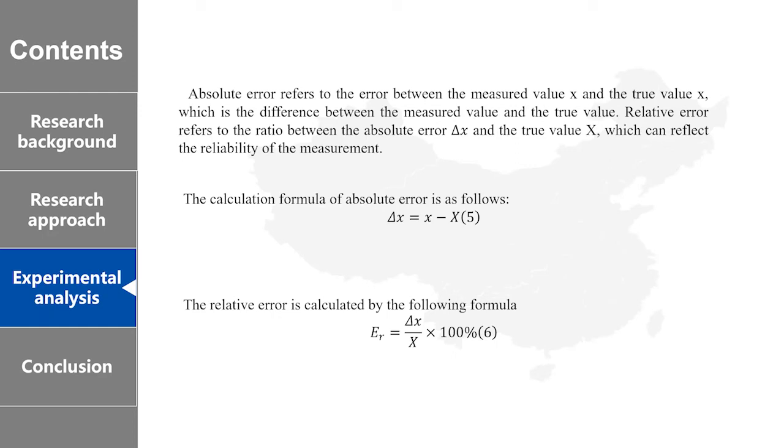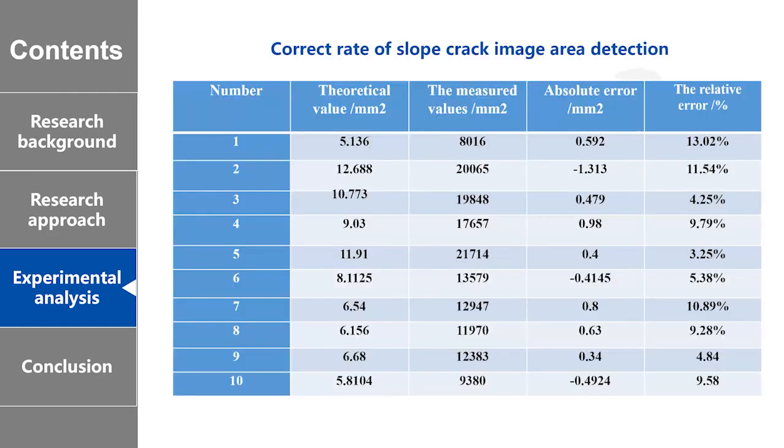The calculation formulas of absolute error and relative error are as follows. The comparison results are shown in the table. It can be seen from the table that the recognition accuracy of this image detection method is high.